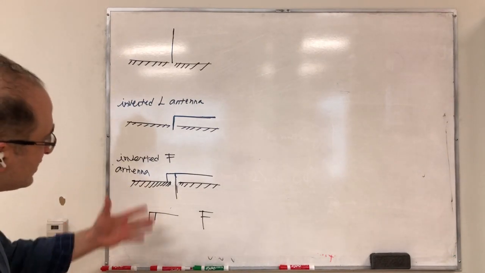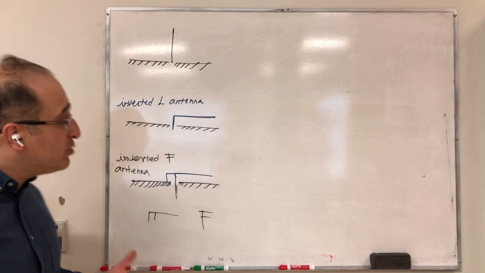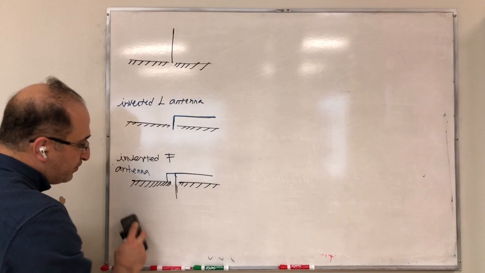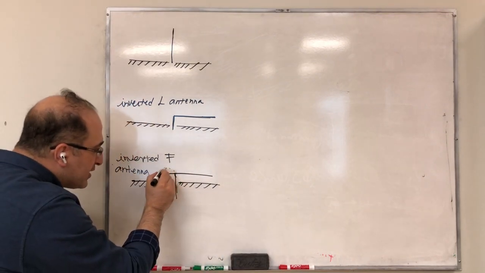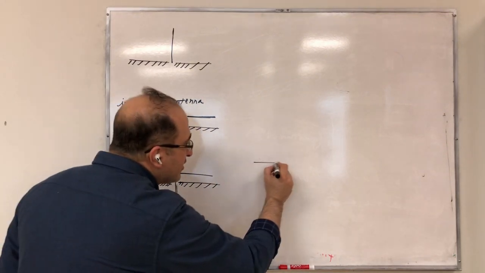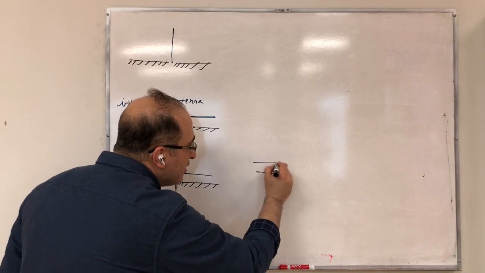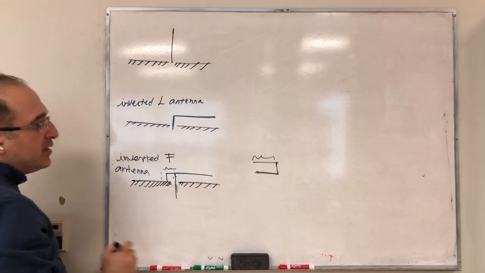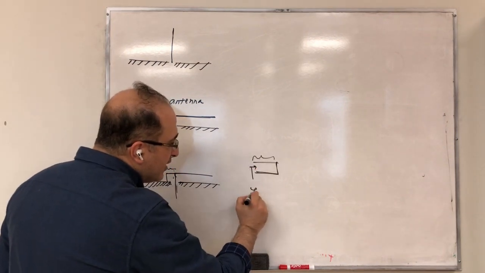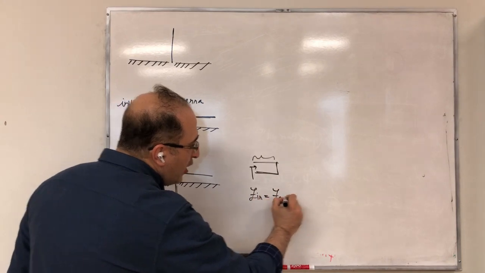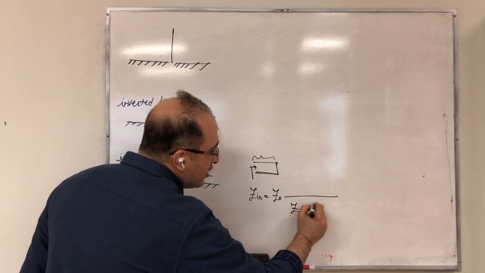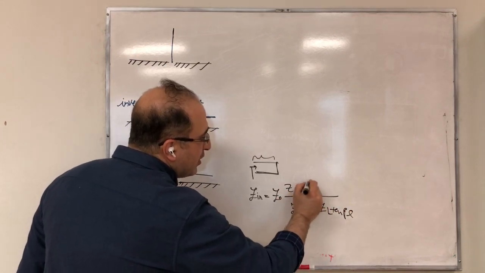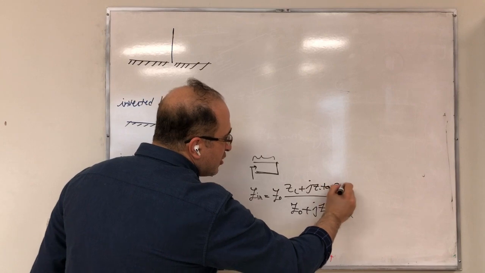If you want to understand this stuff, you can perhaps use transmission line theory to understand it. For example, this part you can think of as a transmission line short-circuited, and this part is very tiny. So this is a tiny length. If you look at here, Z in is going to be Z naught times (ZL plus j Z naught tangent beta L) over (Z naught plus j ZL tangent beta L).